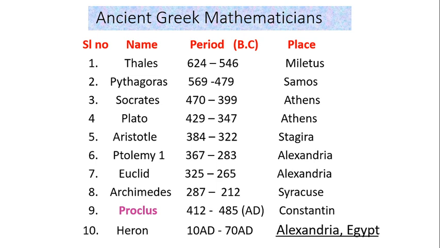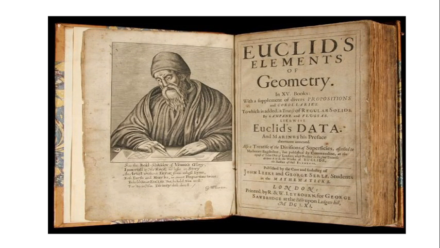Because of them, Euclid could collect, understand, and classify them into 13 volumes, and hence he was able to produce the first ever textbook in mathematics, the Elements. And the last important Greek philosopher is Heron. This is the first page of the book called the Elements.